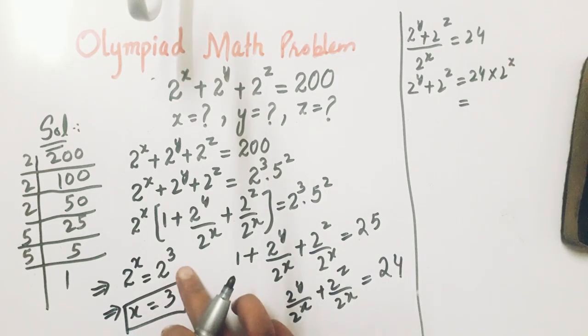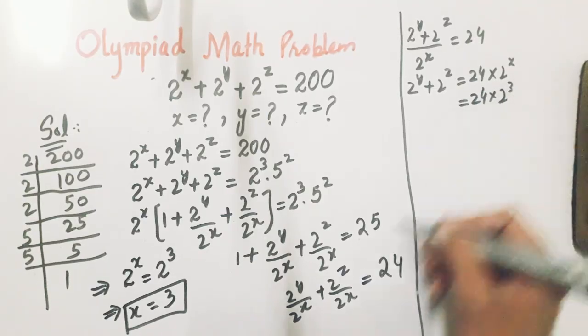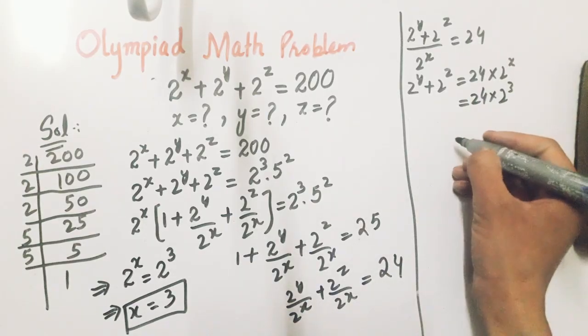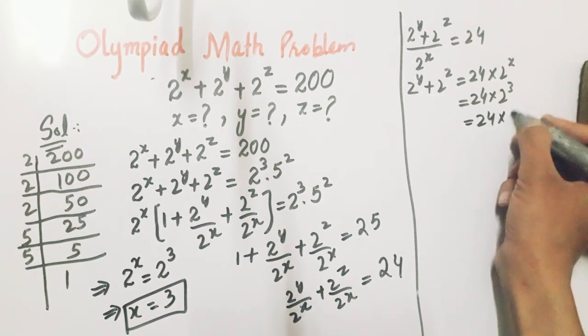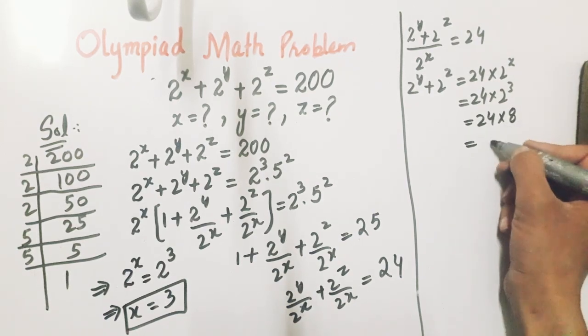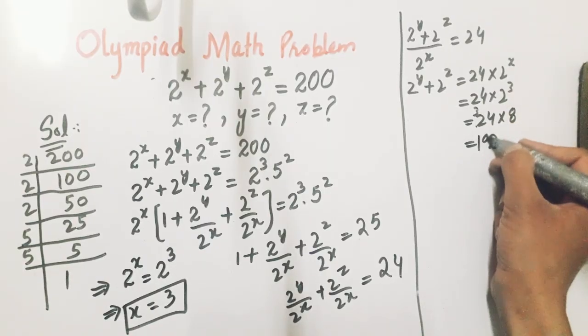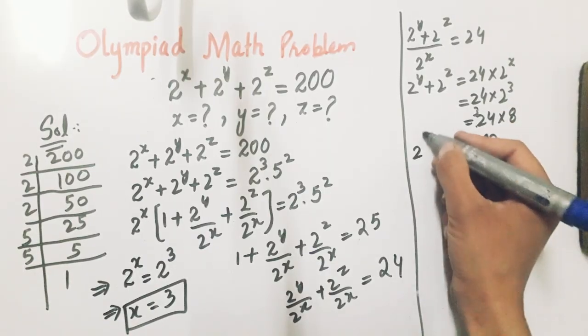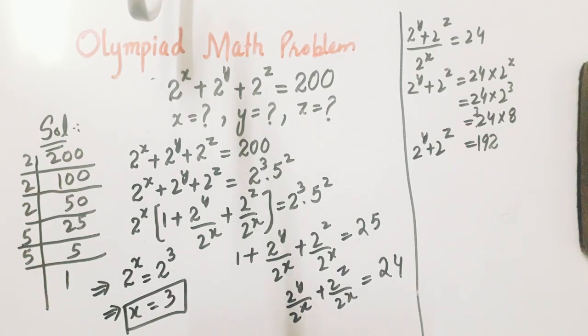So 2 raised to power x is equal to 2 raised to power 3, since x equals 3. So x equals 3 means we will get 8. So 24 multiply 8, we get 8 4s are 32, 8 2s are 16, 16 plus 3 is 19. That means 2 raised to power y plus 2 raised to power z equals 192.